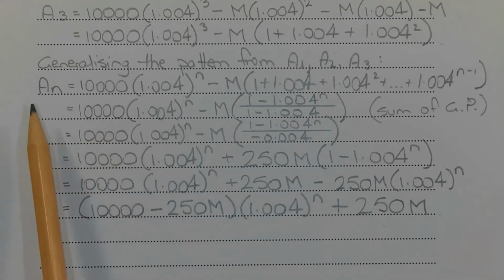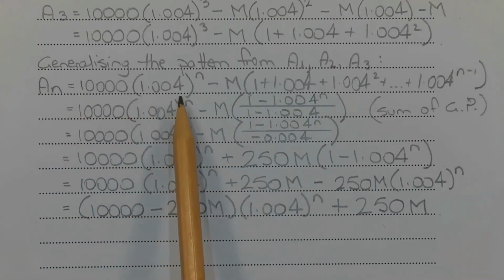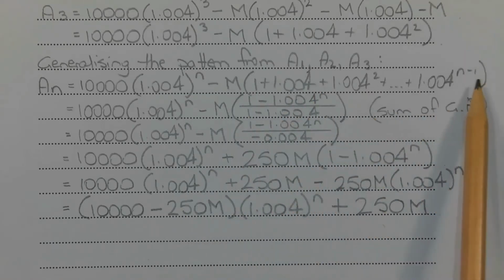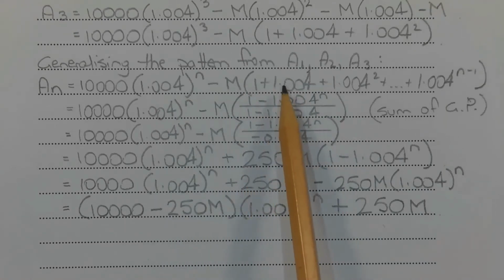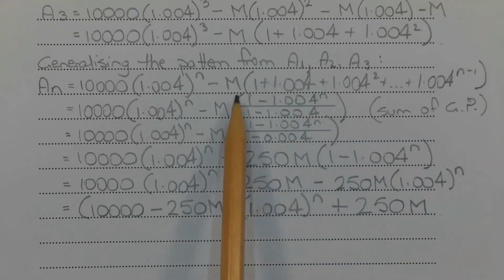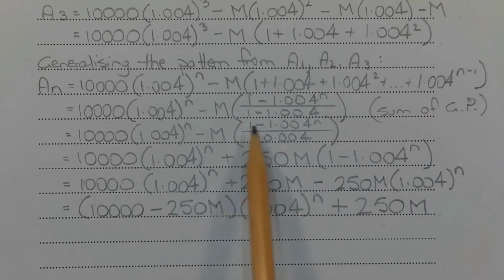So we have AN is equal to 10,000 times 1.004 to the power of n minus M outside of this expression here, which we now know is a geometric series. Because we know the first term and the common ratio, we can replace this series using the formula for the sum of a geometric progression. So rather than writing the series, we can just write a simple fraction.